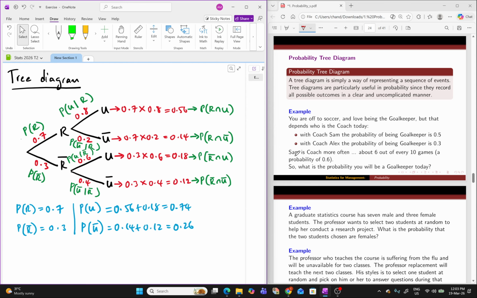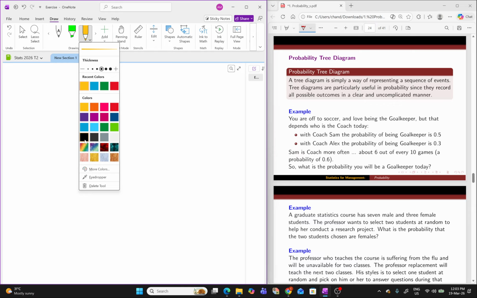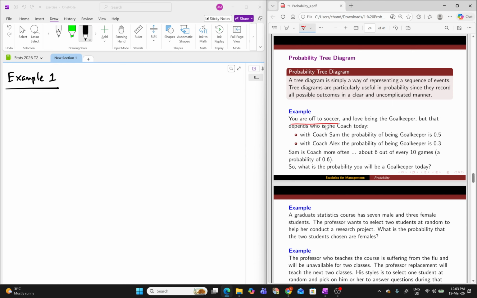Now we are going for one example here. You are off to soccer and love being goalkeeper, but that depends on the coach today.